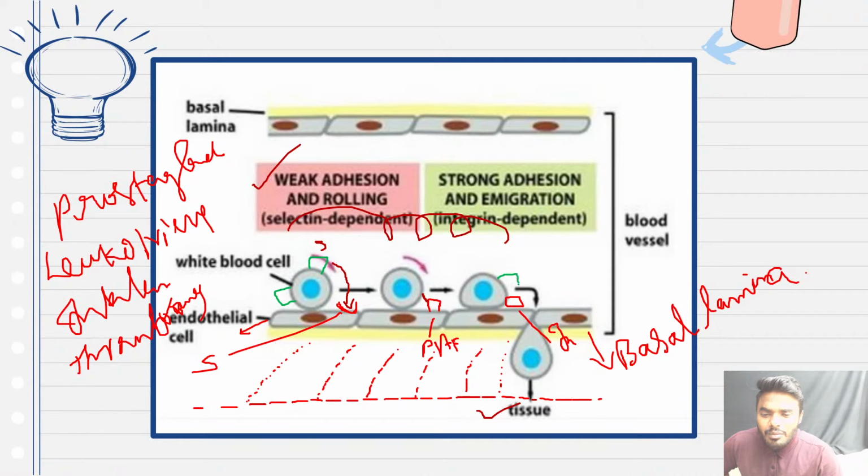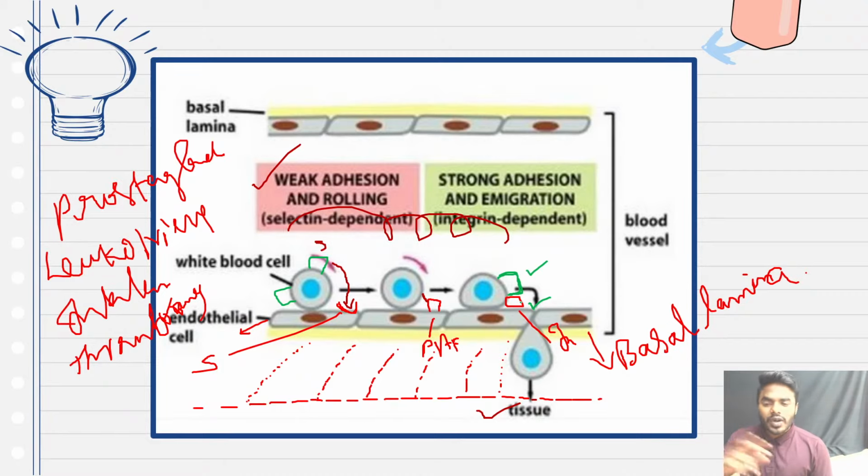The integrin molecule and the integrin receptor associate with each other. I want you to listen to the statement without confusion. If the integrin associates with the integrin receptor, first of all, the WBC has to be associated with the platelet activated factor. Then integrin and its receptor get activated and the rolling will stop.